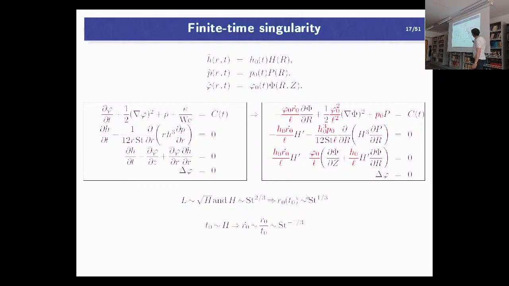All the time functions are in red in these equations, and the system is not closed if we don't make any hypothesis. But what we can see is that in this equation, which is the kinematic boundary condition, there is this term here that can be either small compared to 1 or large compared to 1. This is going to give me two cases. If I drop this term or keep this term in front of this one, then the system is closed and I can find two different singularity regimes.